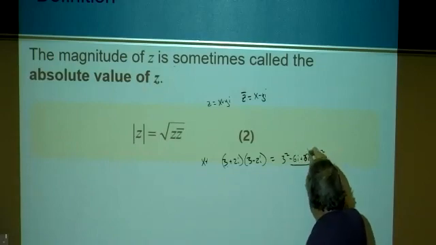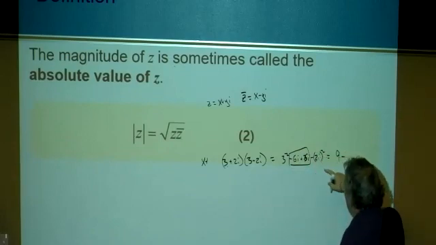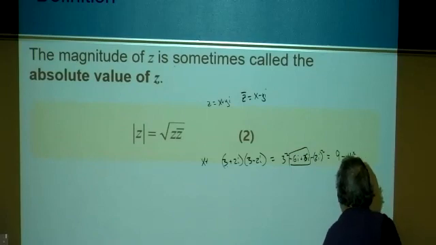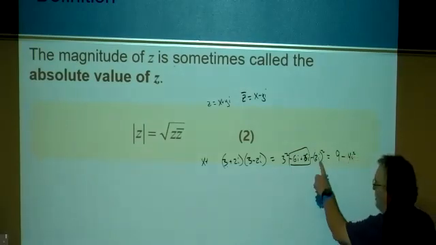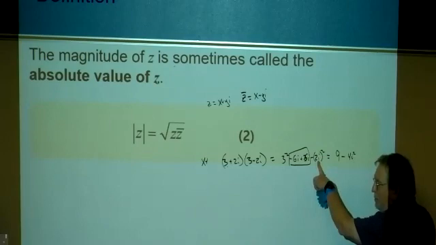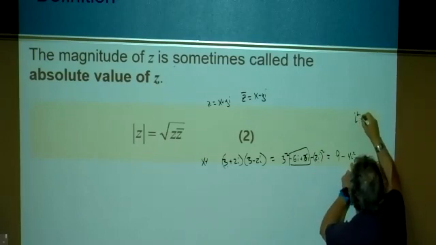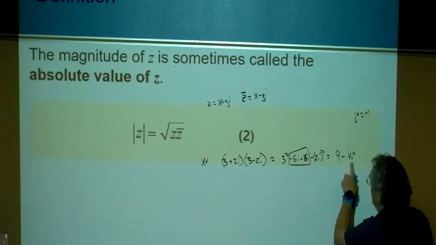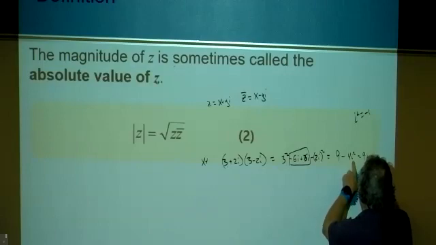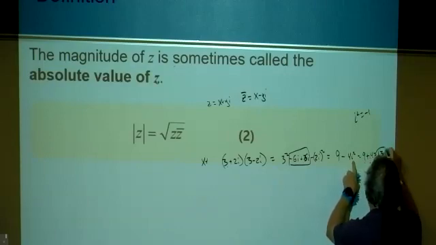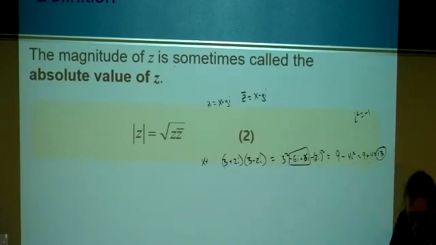Well, the two middle terms go to 0. My first term is 9, and I'm subtracting 4 times i squared, because when you're squaring something, you square everything. Well, by definition, i squared equals negative 1. So this is a minus 4 times negative 1. So this becomes 9 plus 4, which is 13, a real number.